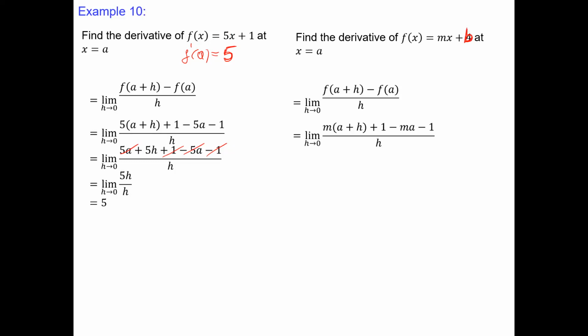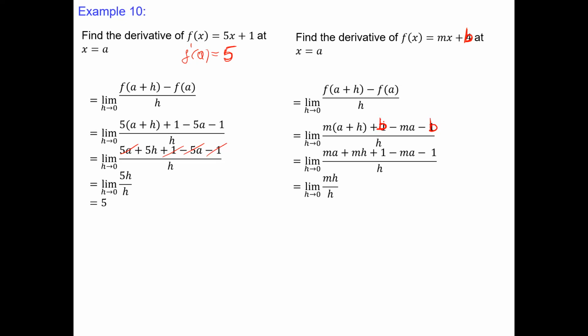Yes, because the slope of this line will always stay 5. And then I type the general, mx plus b, where b is any number. That will be even more general.